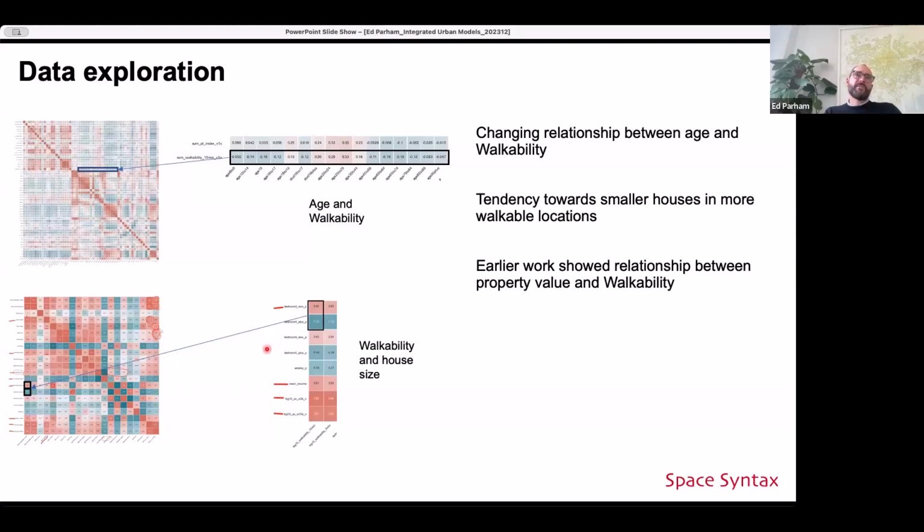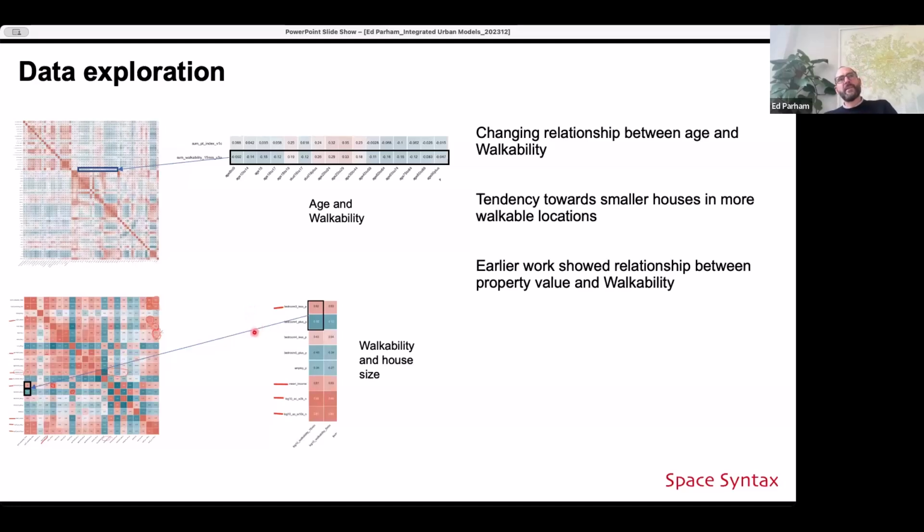One of these questions is if you look at how big houses are, where bigger houses are, typically or often what happens is people at a certain age or maybe have children move to a house where they've got more space, more outdoor space. If you look at house size versus walkability, what we tended to find was this relationship where you get very few 3-bedroom houses or 3-bedroom apartments and flats in walkable locations.